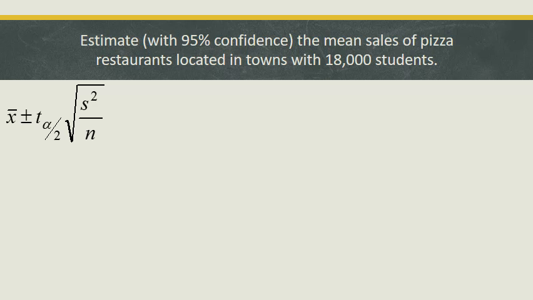Okay, now it's time to start making confidence intervals. We'll start with the interval for the mean value of y. And in this particular example, we're going to find the 95% confidence interval for the mean value of y, given that x is equal to 18. Remember that student population and pizza sales are both measured in thousands.